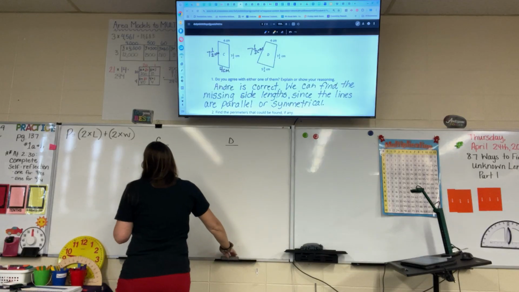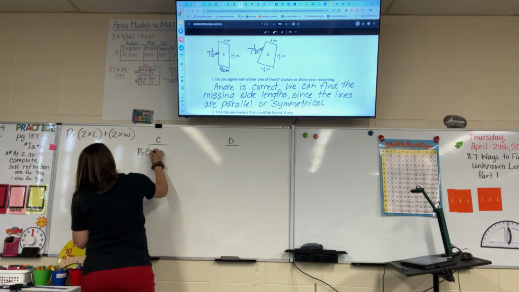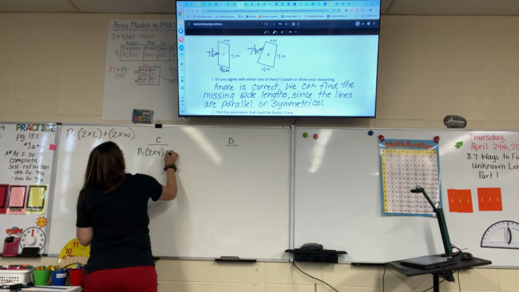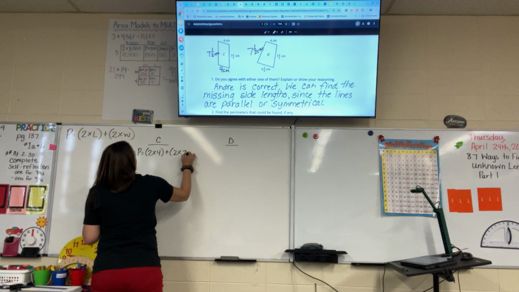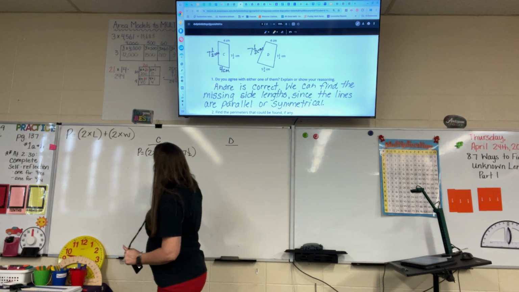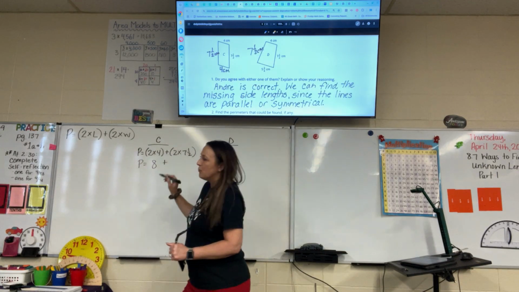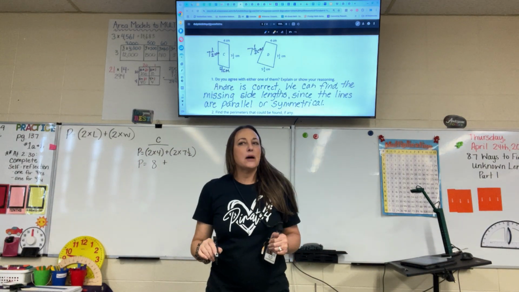So for C, the perimeter equals 2 times 4 plus 2 times 7.5. What's 2 times 4? 8. So the perimeter equals 8 plus, what's 7.5 doubled?